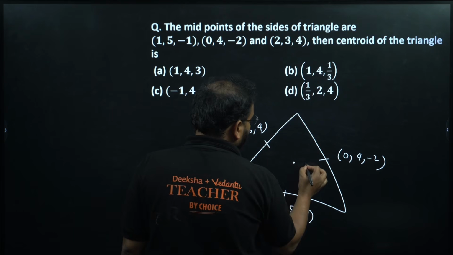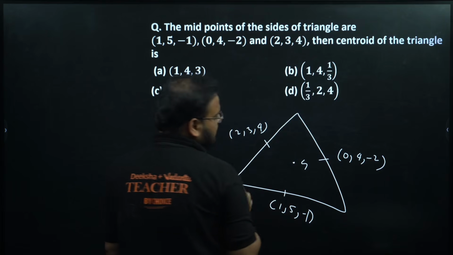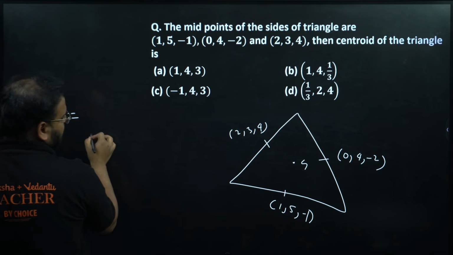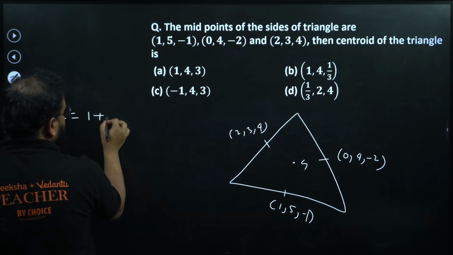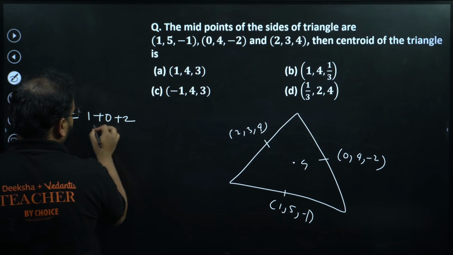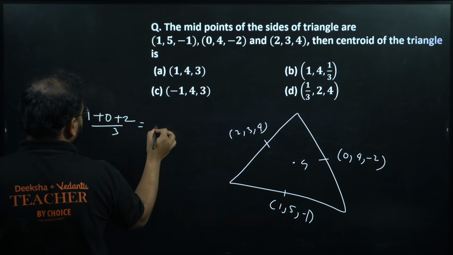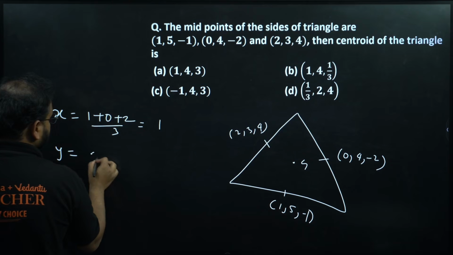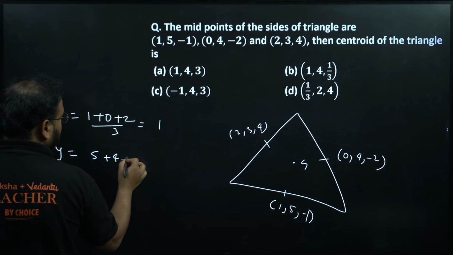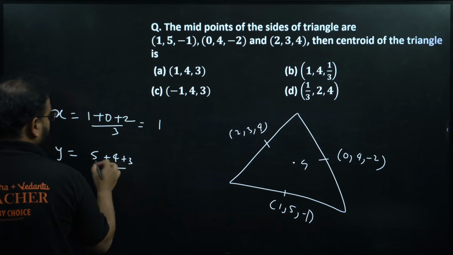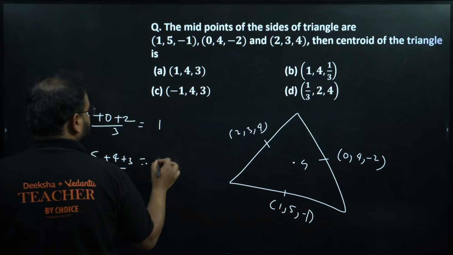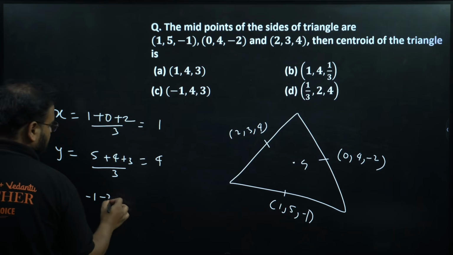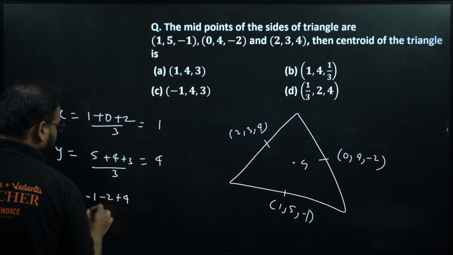Somewhere there will be the centroid G, which will have the coordinates x, y, z. If you want to find the value of x, you'll get 1 plus 0 plus 2 by 3. This comes as 3 by 3, so 1. Find y. y is 5 plus 4 plus 3 by 3. 9 plus 3 is 12, 12 by 3 is 4. z is minus 1, minus 2, and plus 4 by 3.